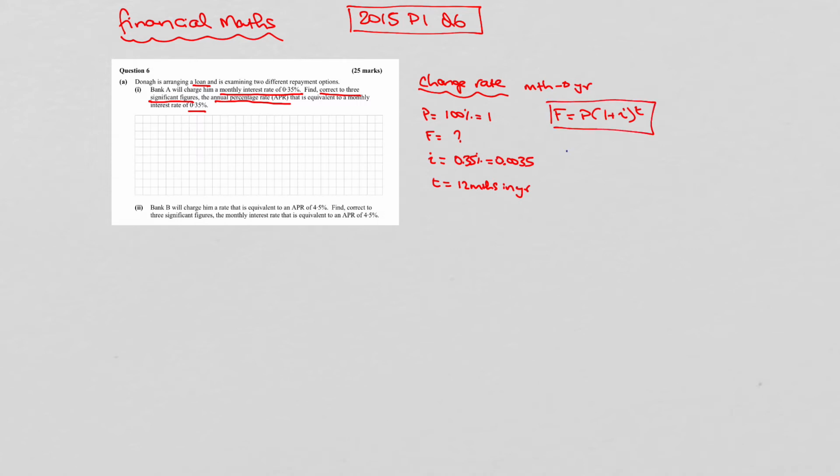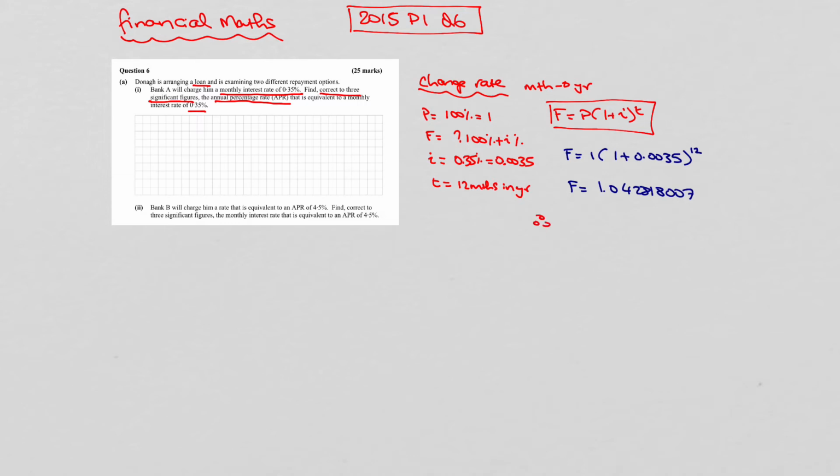So if we write down F is equal to 1 times (1 plus 0.0035), and we're raising that to the power of 12, then that gives us F is equal to 1.042818007. But of course, F is always 100% plus the interest rate.